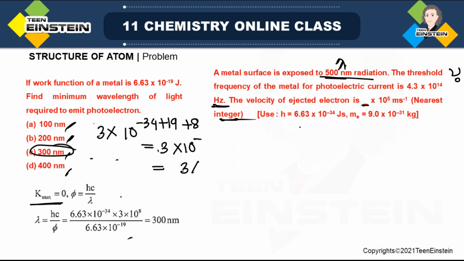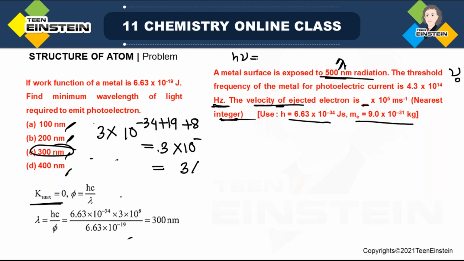Some more information is also given: Planck's constant and also the mass of the electron, 9 times 10 to the power minus 31 kg. Here we are going to use the same equation that we use for the photoelectric effect, that is h nu equal to h nu naught plus kinetic energy, which is nothing but half mv square, because ultimately it is asking for velocity, and in half mv square you have the term v.